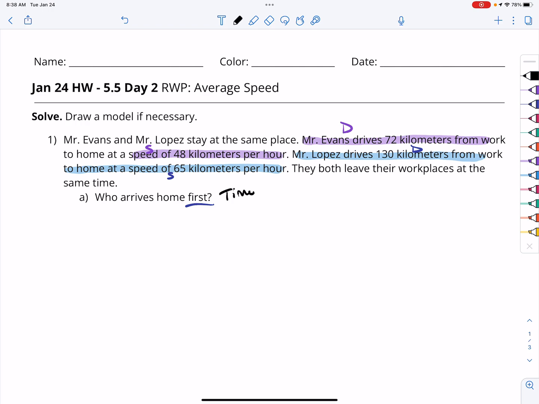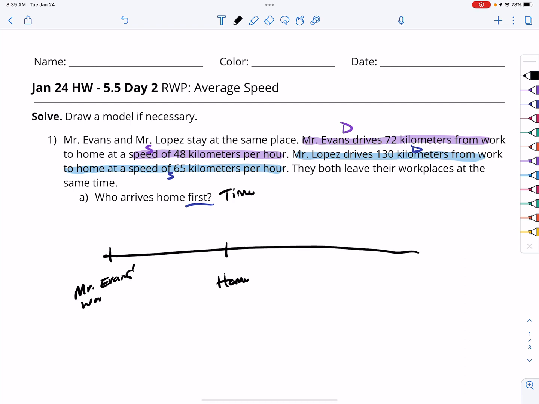So I'm going to organize this information to see what I have and what I can figure out with it. Mr. Evans only drives 72 kilometers. Mr. Lopez drives 130. So if here's the home, here's Mr. Evans' work, and here is Mr. Lopez's work.